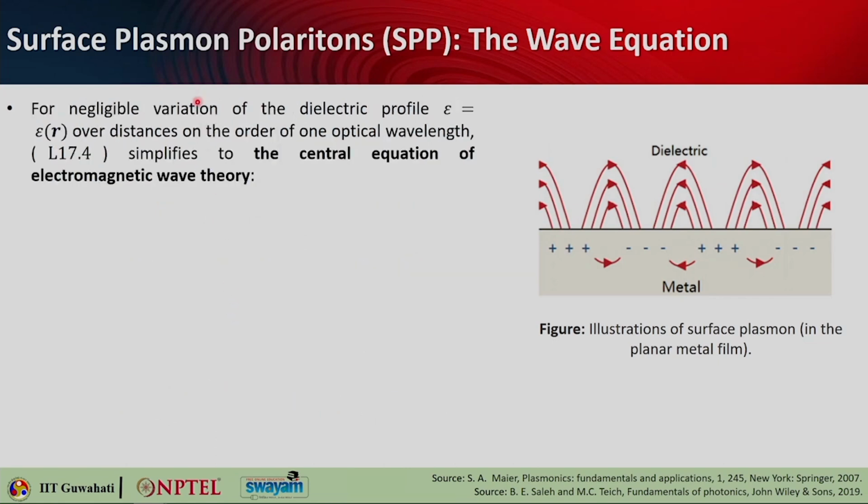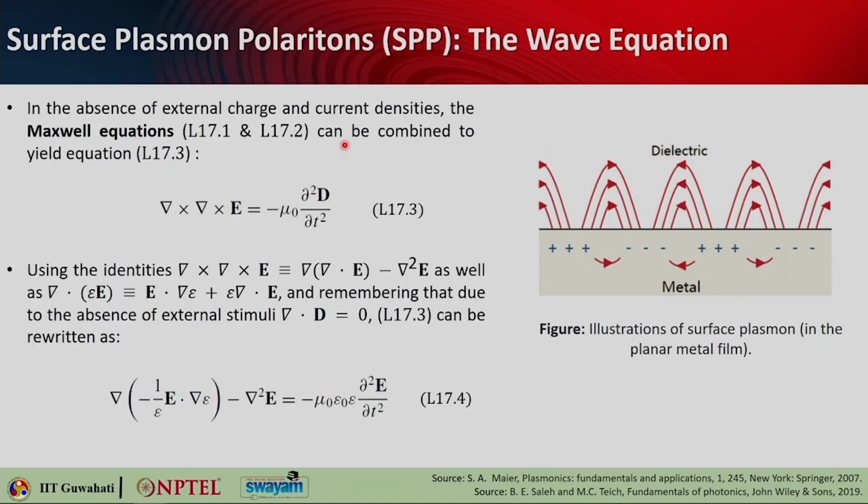So for negligible variation of the dielectric profile, that is, if you consider that epsilon is epsilon r over distances of the order of one optical wavelength, that means you are not having much variation in the dielectric permittivity. In that case, you can safely take this term also to be 0.